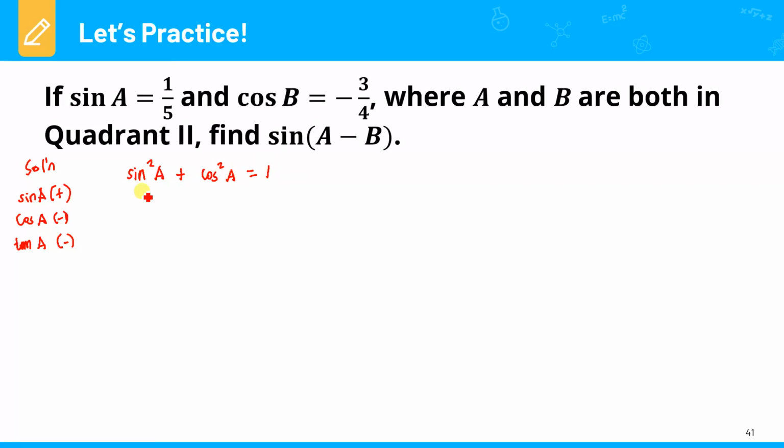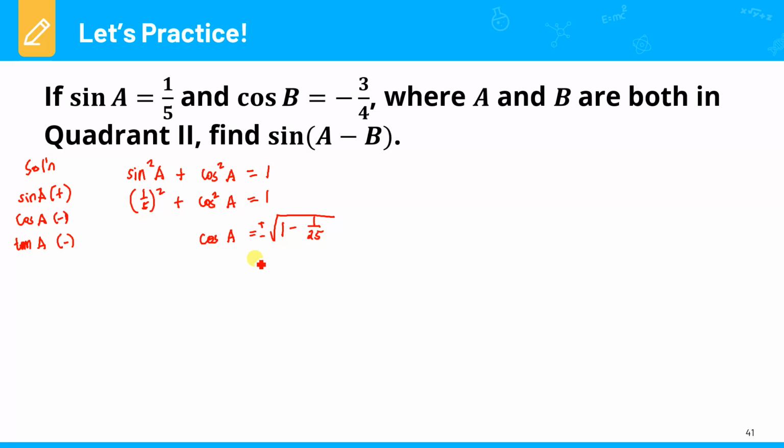So substitute: you have 1/5 quantity squared plus cosine squared A, which is equal to 1. So in other words, cosine A is equal to the square root of 1 minus 1 over 25, plus or minus.